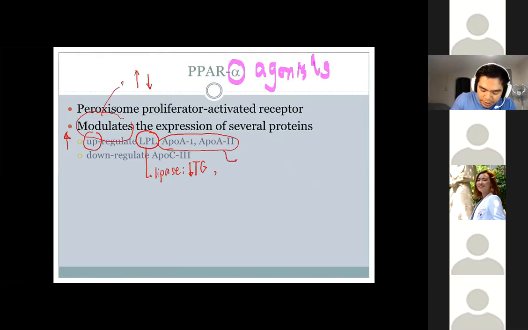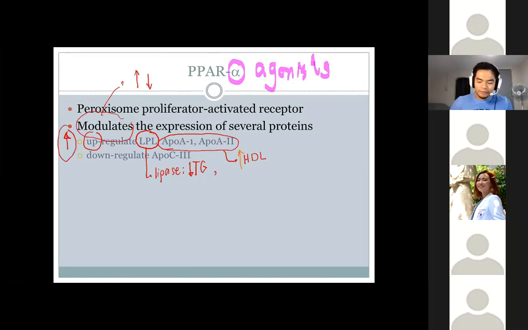Related ito sa HDL. In fact, ang apoprotein A1 at apoprotein A2, these are the apoproteins of HDL. Question, pag may upregulation ng ApoA1 and A2, taas o baba ang HDL? Okay, so napapataas ang HDL.